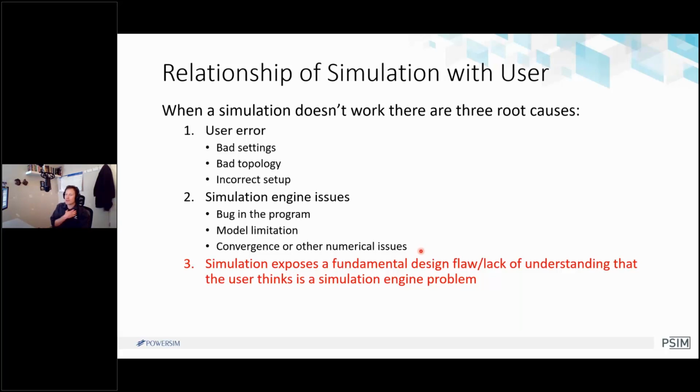PSIM was specifically designed to simulate power electronics, where it's not devolving the simulation into state-space matrices that get solved independently. When you do an independent solve of state-space matrices, there's an interface. That interface delays information from one matrix to the other, and that can have issues when there are big derivatives in systems.